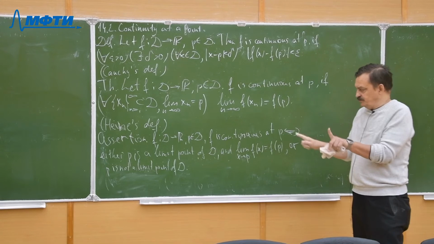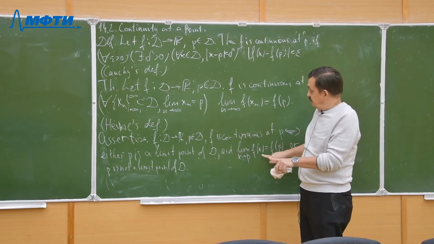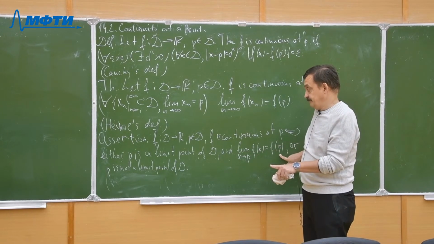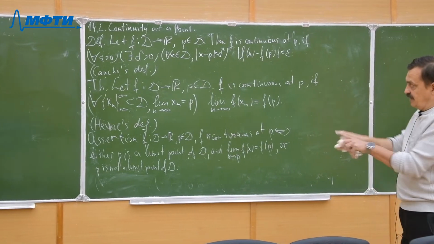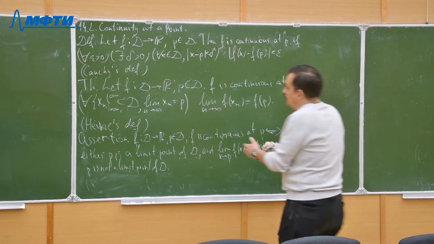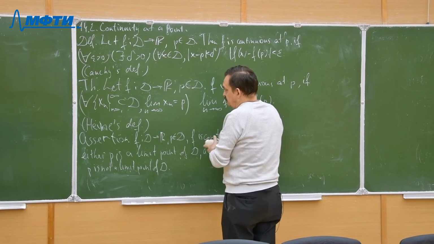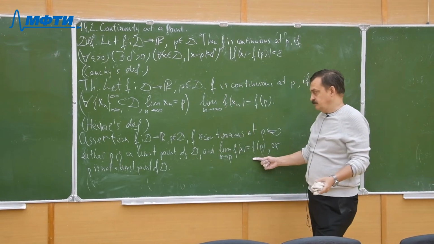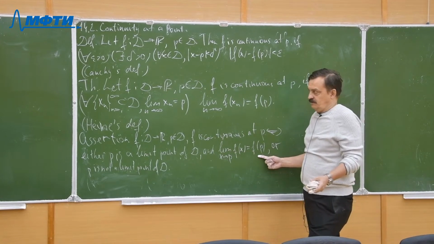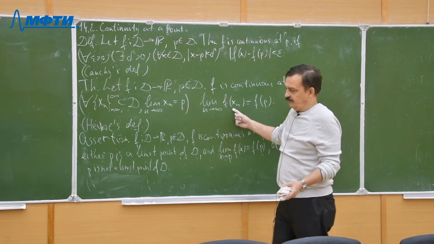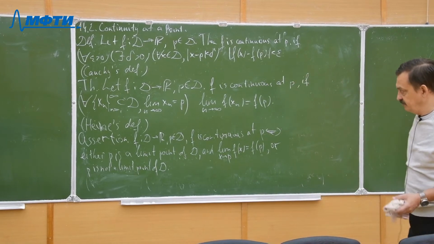So there are two possible cases. If p is a limit point, then there exists such a limit, right? Why are both definitions equivalent? There are two cases. If p is a limit point, then continuity is equivalent to the existence of such a limit, and the theorem follows from the theorem about the equivalence between the two definitions of the limit.